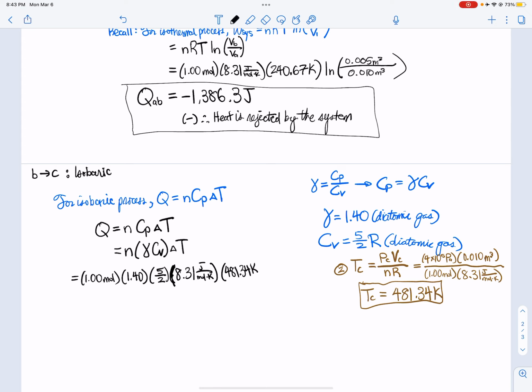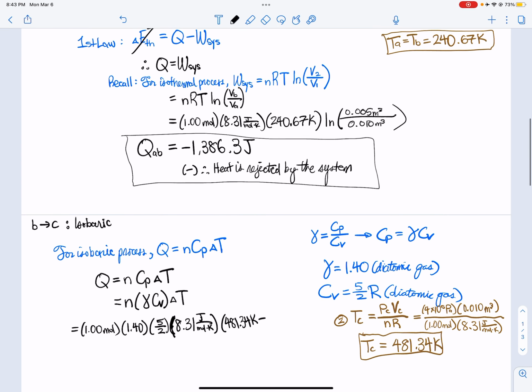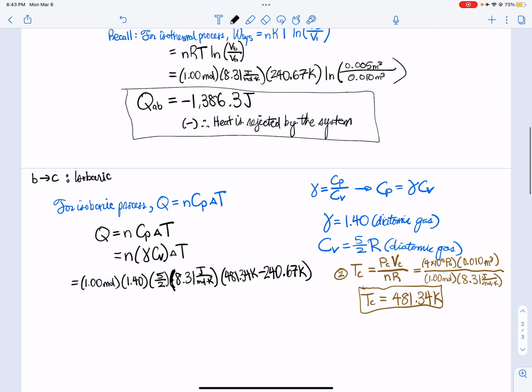Okay, so that's joules. Oh no, minus the temperature at B, which is 240.67 Kelvin. Okay.